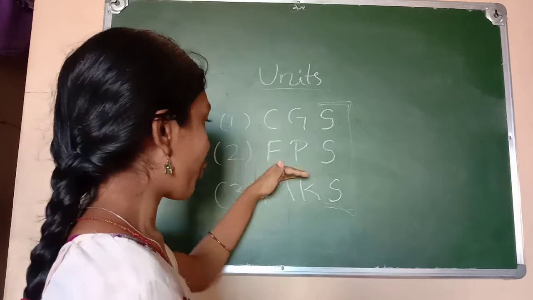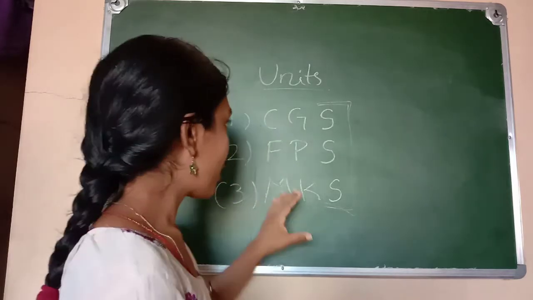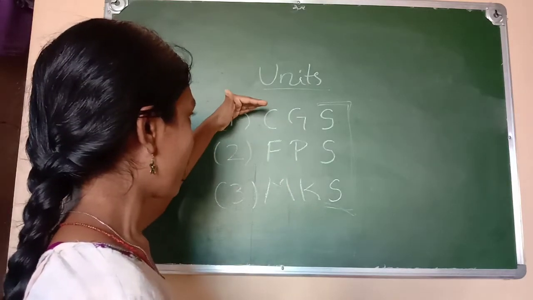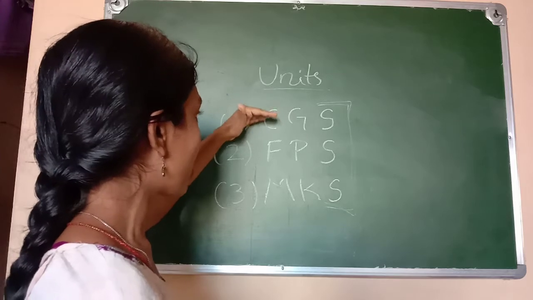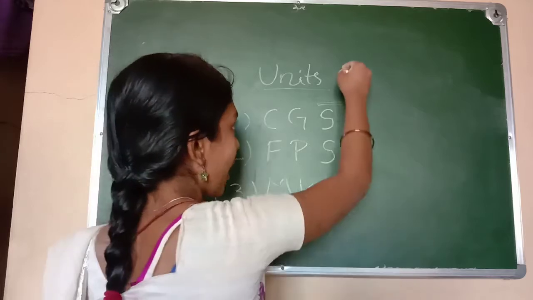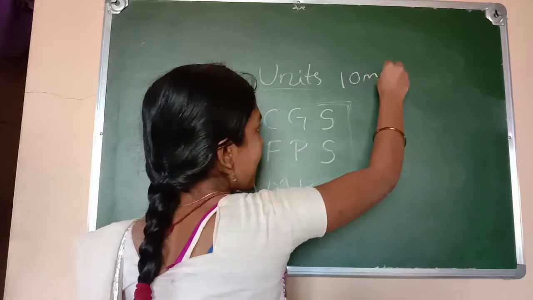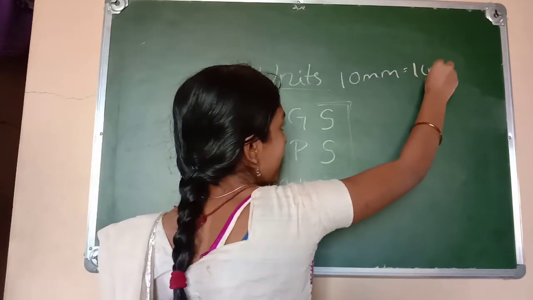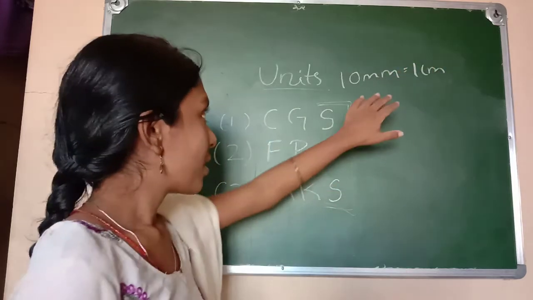Again, I know you might have a doubt. There are three different ways you can express, and yes, you would be able to convert from one system to another system. Like earlier I showed 10 millimeter is equal to 1 centimeter. This is one example.